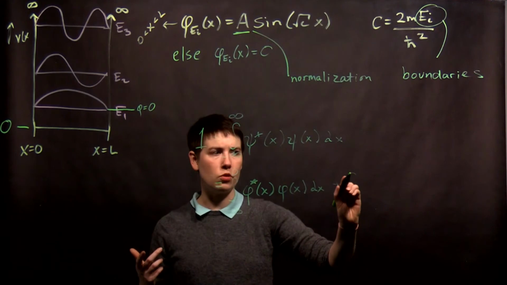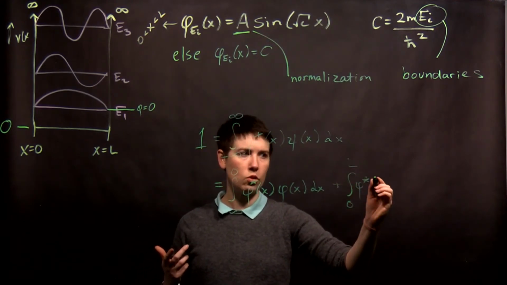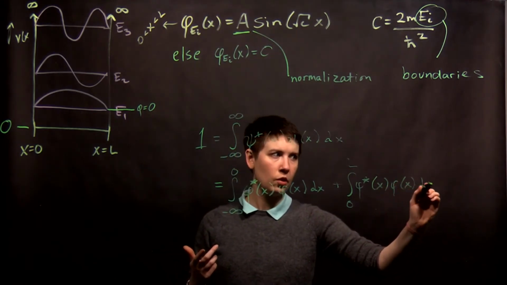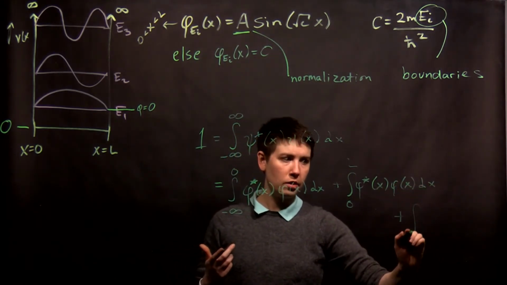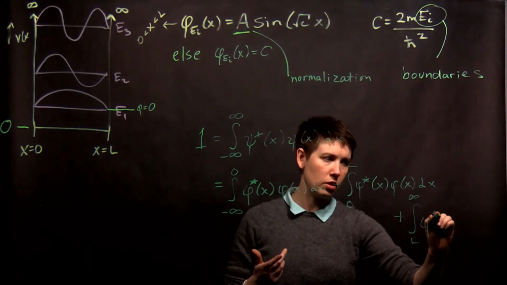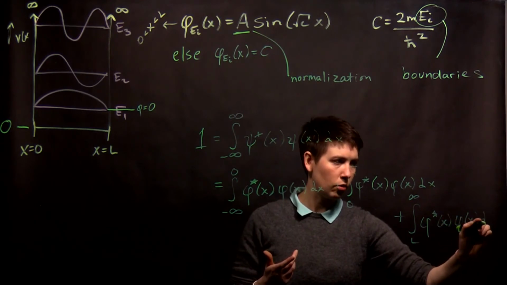Then I have my region from 0 to L. Again, my energy eigenfunction, which I'm trying to learn about, dx. And then my third one is from L to infinity. Again, my energy eigenfunction, dx.